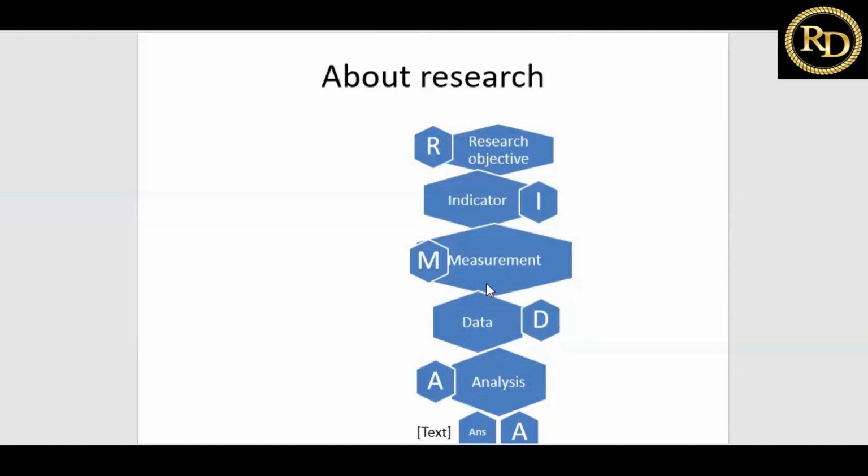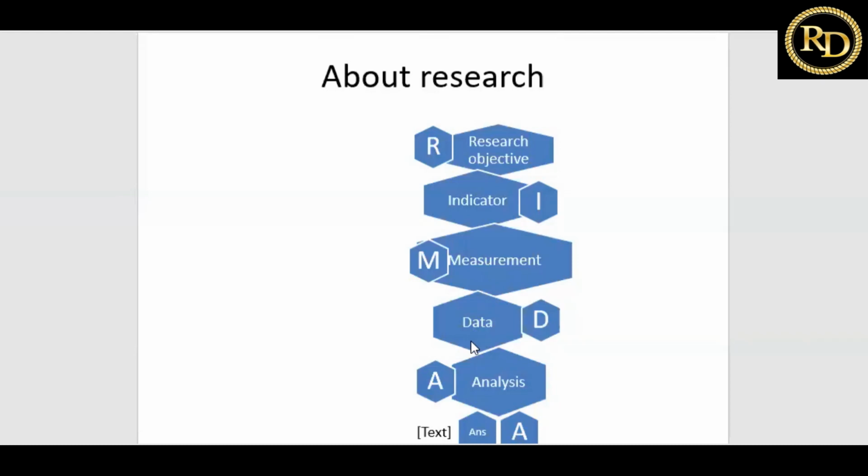Then you talk about what kind of data you will be asking, and then you go for the field work. After that you look at the data and do quality checks, and you find that it is in proper shape so that you can do the analysis.